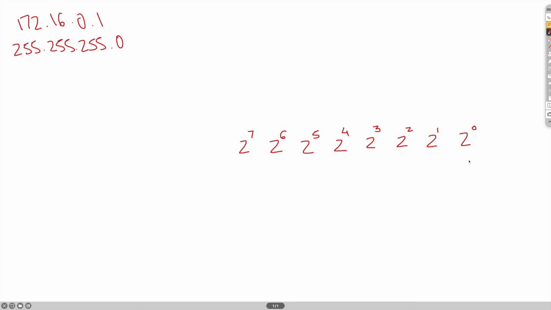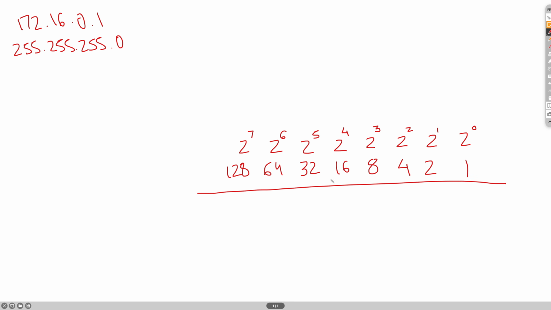You can either tap or click on it and go look at that video, so you can learn at a much deeper level how this works. But here I'm just giving you a quick overview. So 2 to the power of 0 is 1, 2 to the power of 1 is 2, then 4, 8, 16, 32, 64, 128. And if you were to draw a line here, what we want to do now is look at 172.16.0.1.